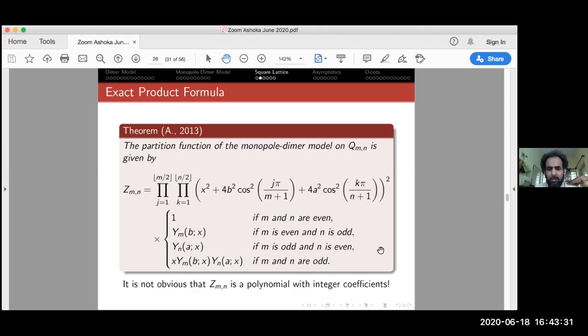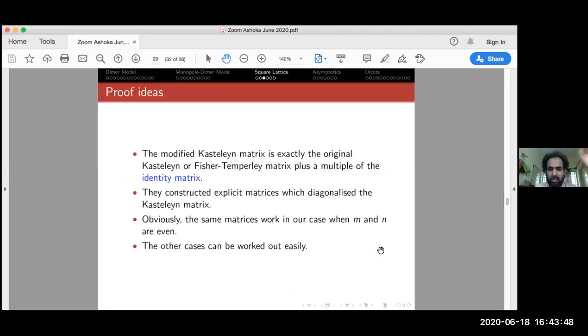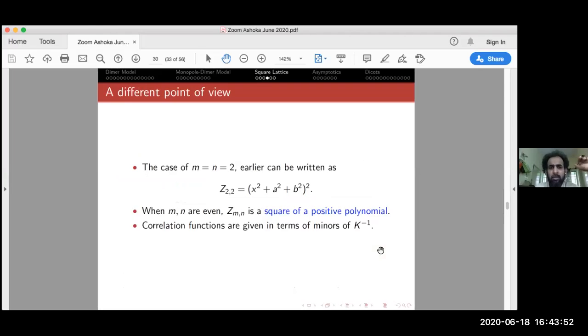So the proof is essentially their proof. There's nothing to do. The interesting thing was the formulation; the difficult part was the formulation of the model. And there are some special cases when they're odd and so on. I don't want to get into that.